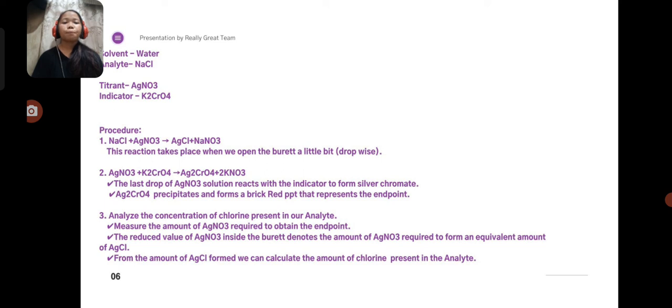From the amount of AgCl formed, you can calculate the amount of chlorine present in the analyte.